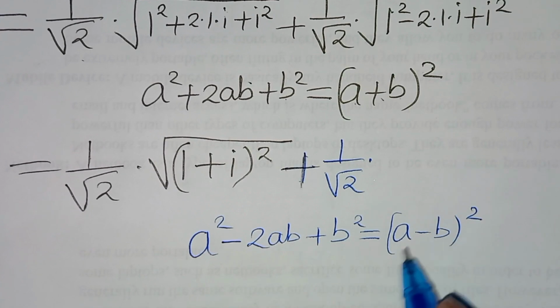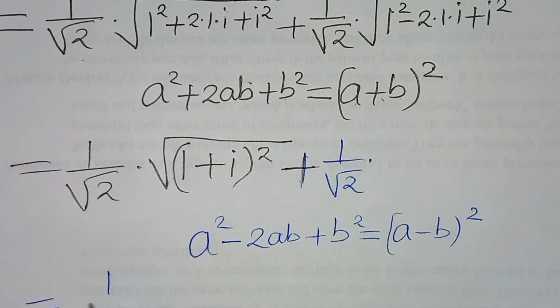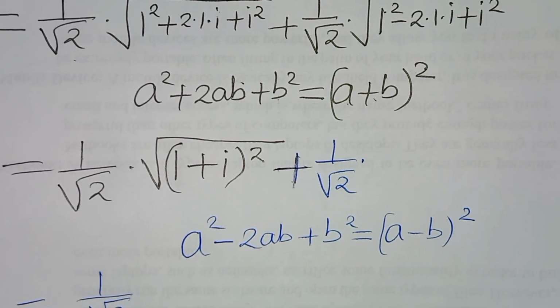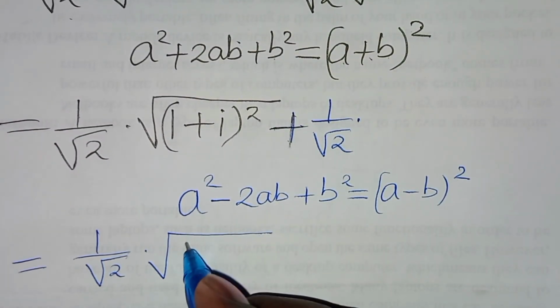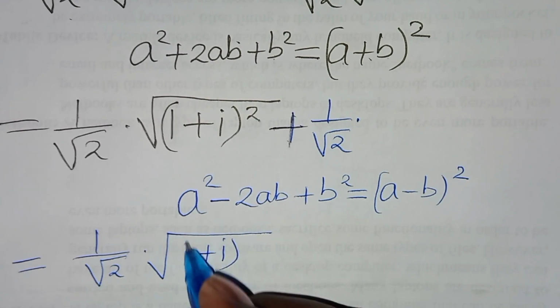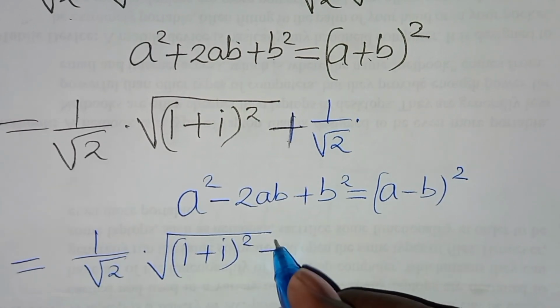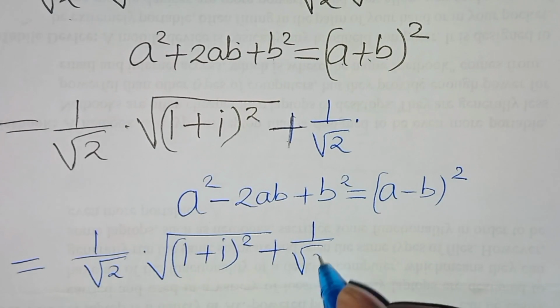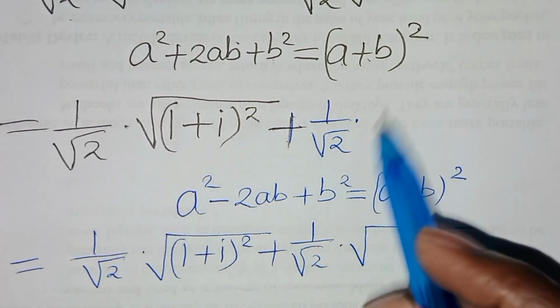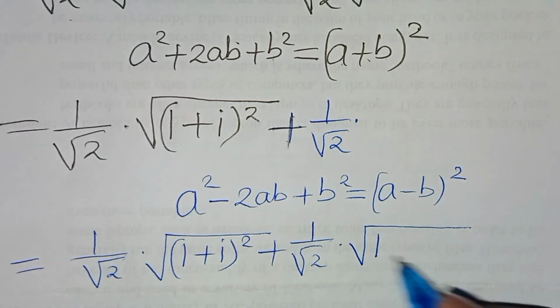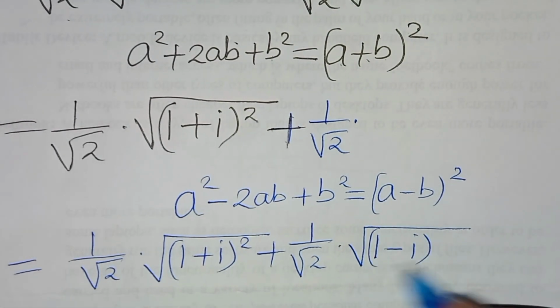Applying this property, here we'll have 1 over square root of 2 multiplied by square root of 1 plus i squared plus 1 over square root of 2 multiplied by the square root of 1 subtract i squared.